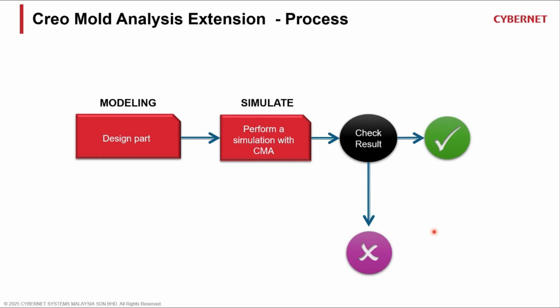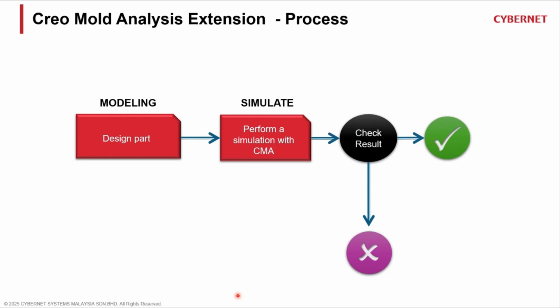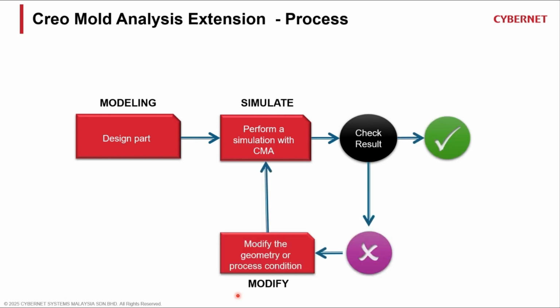If it is not okay, we go back to our modeling, which is also within our CAD environment, to modify the geometry, for example increasing the radius. Then we go back to simulate with the Creo Mold Analysis again and check the result until we get the product right.